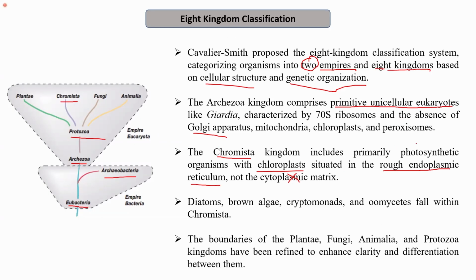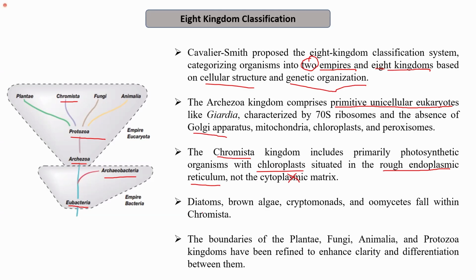So the Chromista kingdom includes primarily the photosynthetic organisms, or we can say the photosynthetic protista of the earlier classification, that have the chloroplast situated in the rough endoplasmic reticulum and not the cytoplasmic matrix. So this is the line of difference between the kingdom Chromista and kingdom Plantae, where the chloroplast is present in the cytoplasmic matrix in plants, but in the rough endoplasmic reticulum in the case of Chromista.